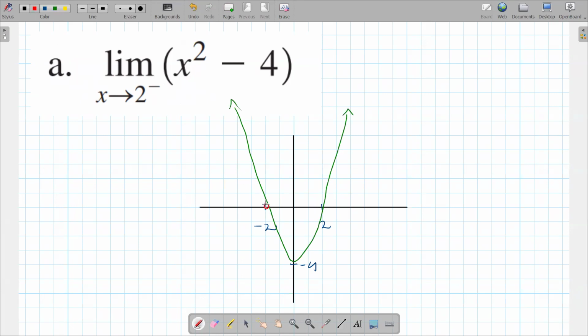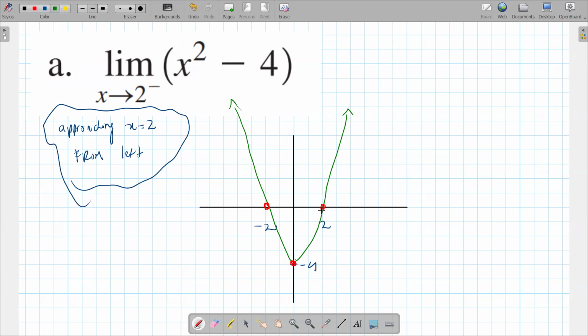The question is, as we go to the x value of 2 minus, that means approaching the x value of 2 from the left.